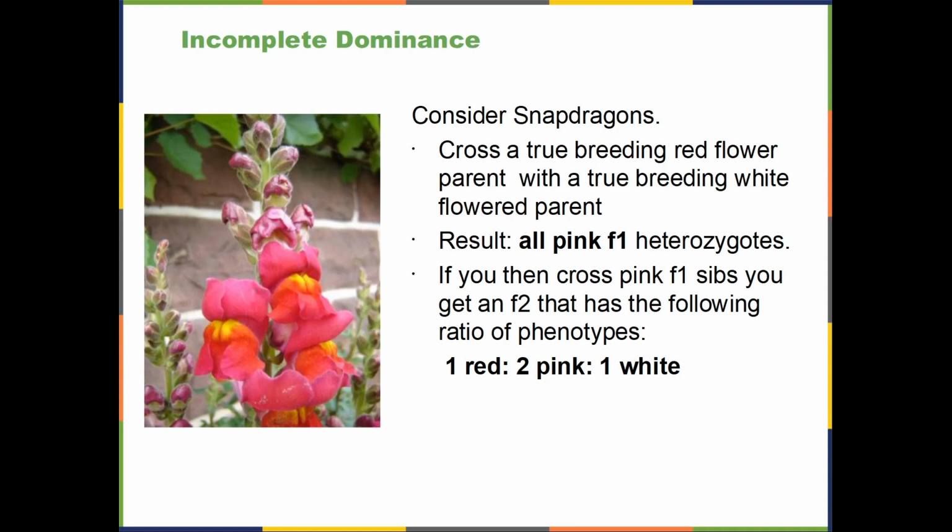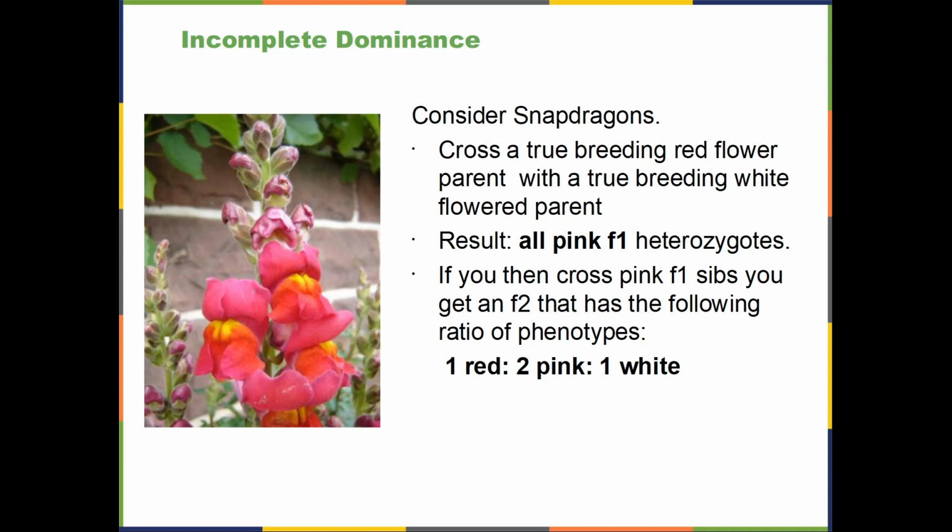So, for instance, in snapdragons, if you cross a true breeding red flower with a true breeding white flower, what you're going to end up with are pink F1, right? Well, we'll come up with some colors.